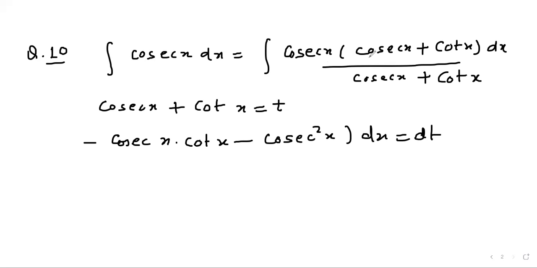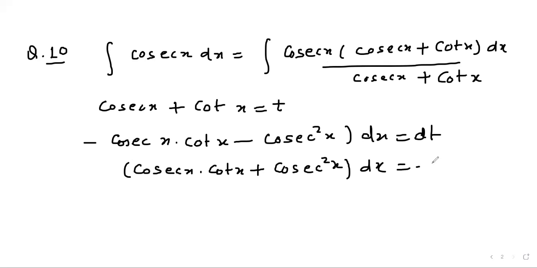In our numerator, we have cosec square x plus cosec x cot x. So cosec x cot x plus cosec square x dx will be minus dt.